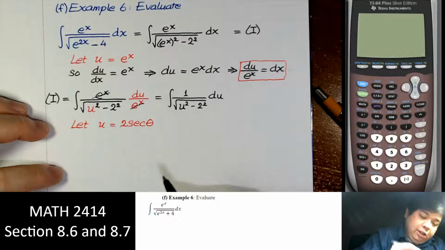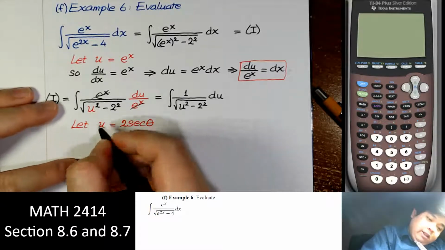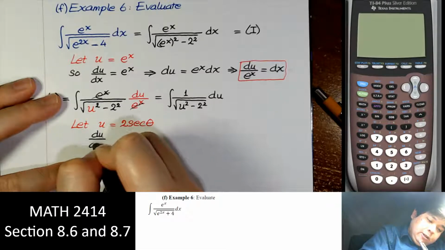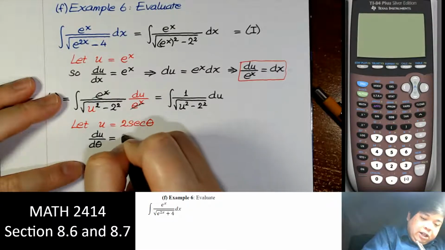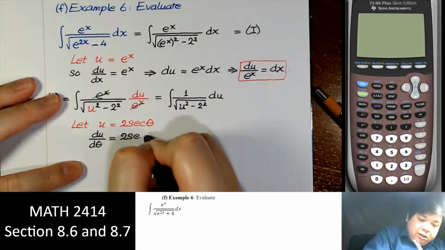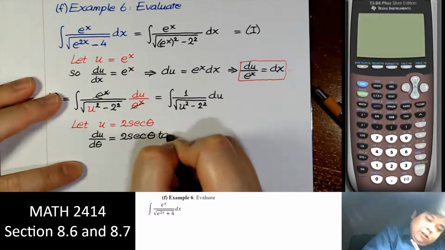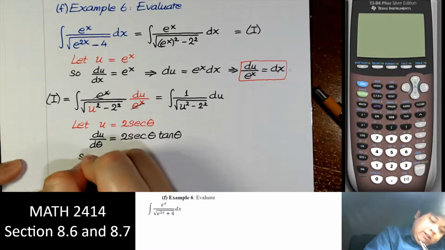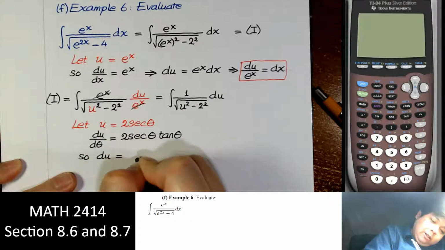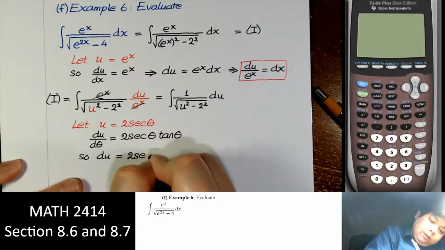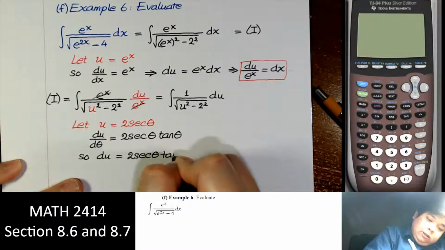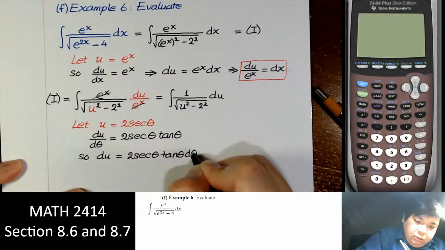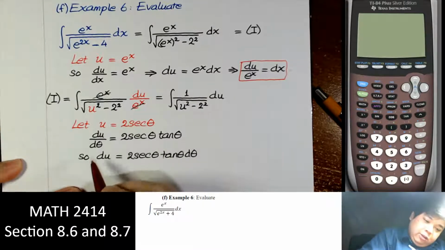And then we take the derivative. Derivative of secant is secant tangent. Move the d theta over. So that is du.